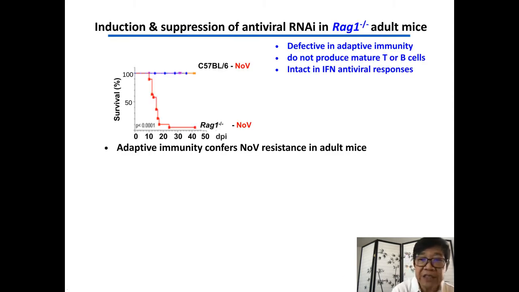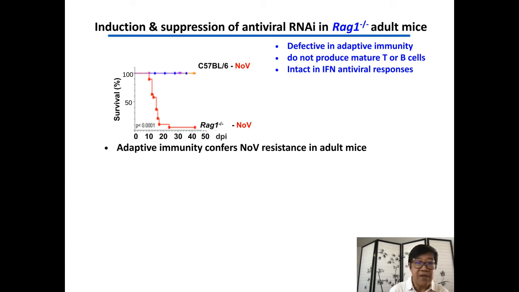We have recently developed an adult mouse model of infection for Notomira virus using the RAG1 knockout strain of mice, which are defective in adaptive immunity because they do not produce mature T cells or B cells, and they are intact in interferon antiviral responses.